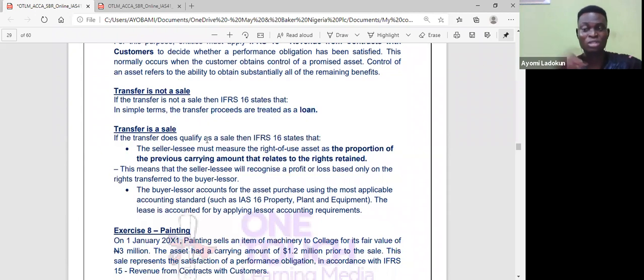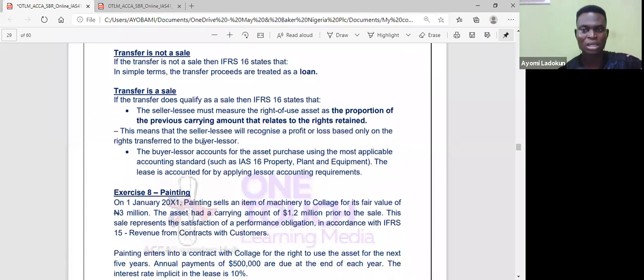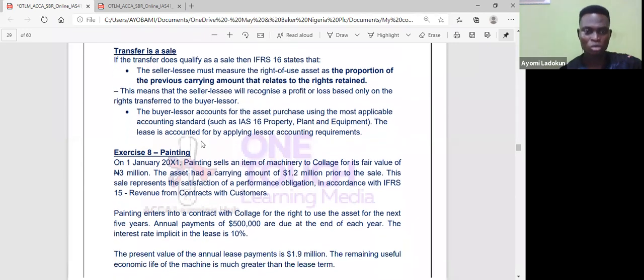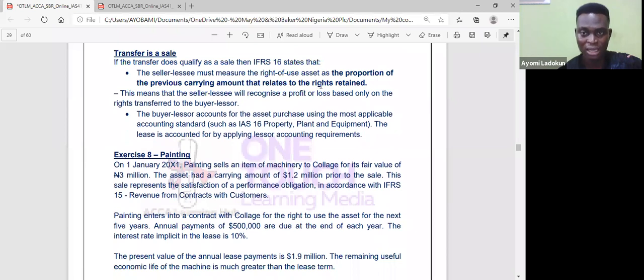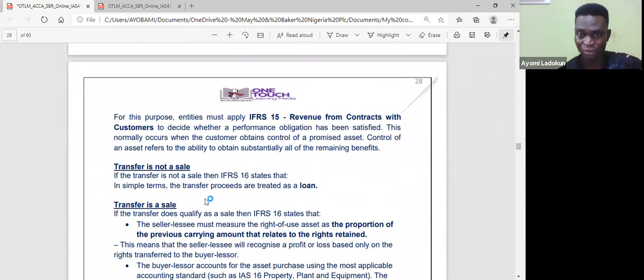I will also try to generate a formula for you so that you understand. You can just apply that formula. So if they tell you this transaction is a sale, you have to measure it as a proportion of the previous carrying amount that relates to the right retained. Let's look at the question to demonstrate that. There are two things that I've told you. If the transaction is not a sale, please take notes, especially ACCA candidates.